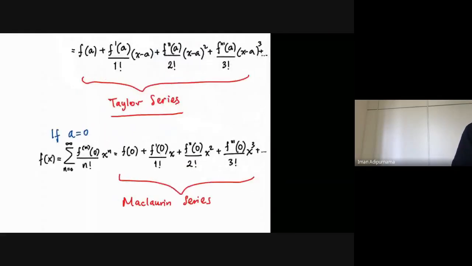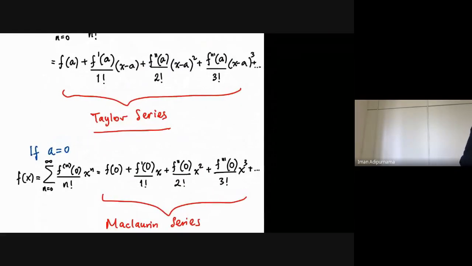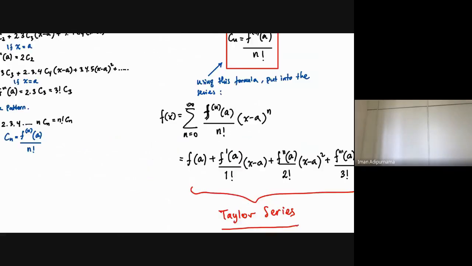So let me give you some illustration, or any questions so far. I think the best way, if you want to see how it's connected, is you can go back to the first one. The first one, we start by our general terms. We derive that, and we check if x equals a to find its coefficients.